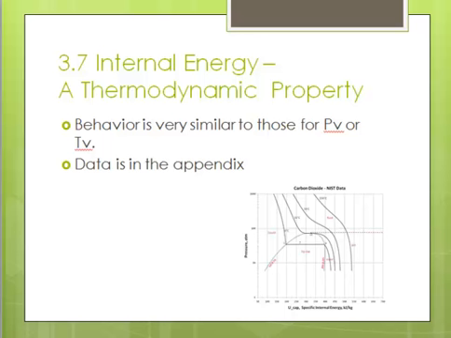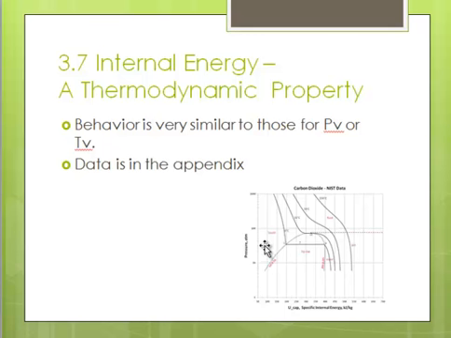So in order to work a problem, what I really need to do is talk a little bit about some of our properties. And first, I want to talk about internal energy. Now, this is a pretty simple-minded property. We've been talking about it. We've used it. You have used it in other courses. This is the one that I just say this is sort of what you have because you have a temperature.